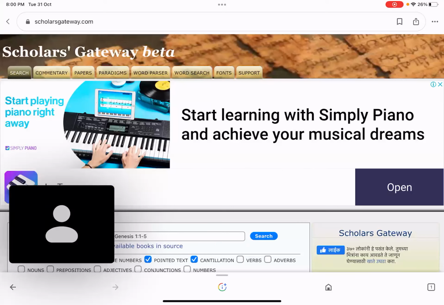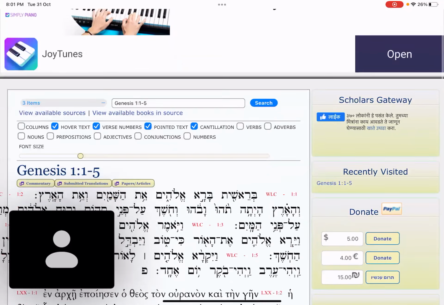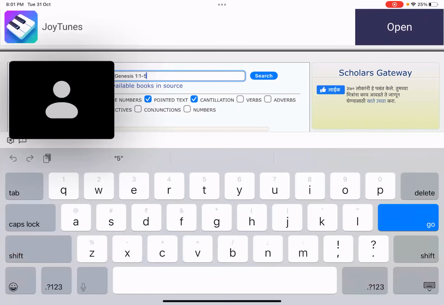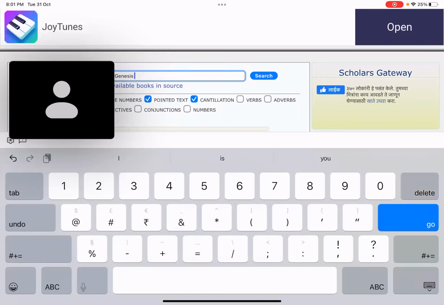Help me find that verb when God says to Adam that you will surely die. Genesis, chapter 3.